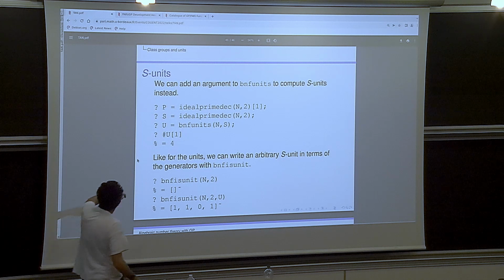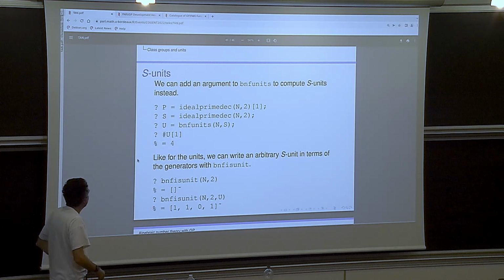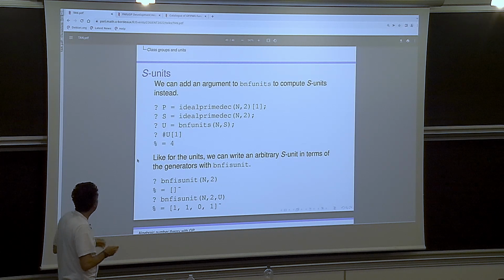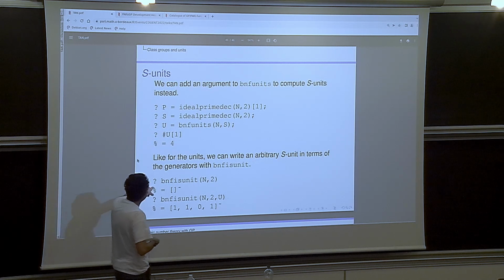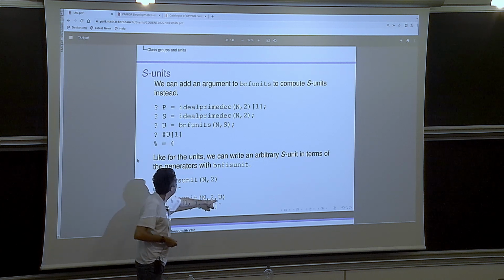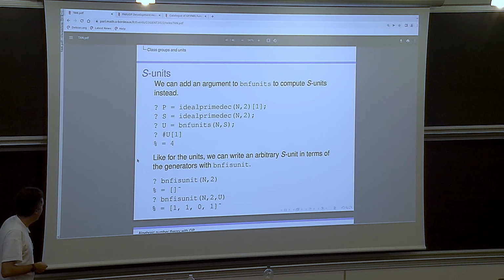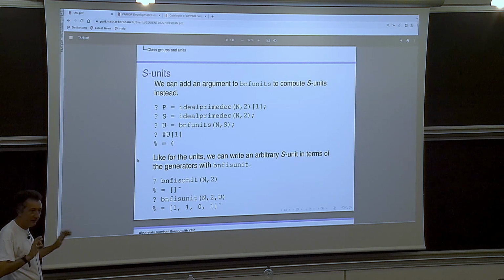Here, for example, you see the rank of the S-unit group is 4. Then you can use bnfisunit by adding S as a third parameter to do the same as for bnfisunit, but for the S-units, to write some S-unit as a product of the fundamental S-units.